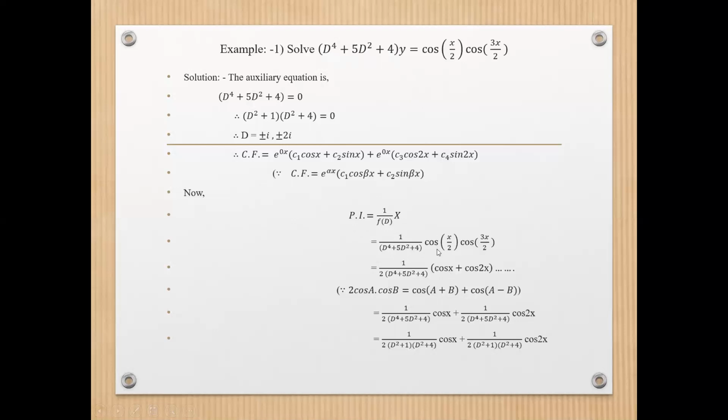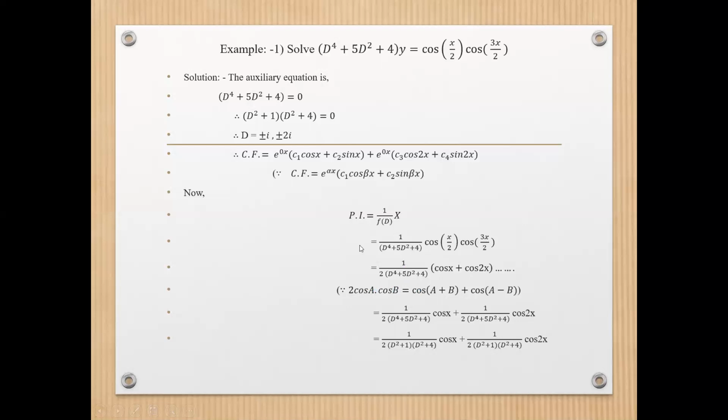Now here is a product of cos terms, and we know the trigonometric identity: 2 cos a cos b is cos(a plus b) plus cos(a minus b). Here we have cos x by 2 cos 3x by 2, so we take 2 to the other side, so it becomes 1 by 2. Here a is x by 2 and b is 3x by 2.